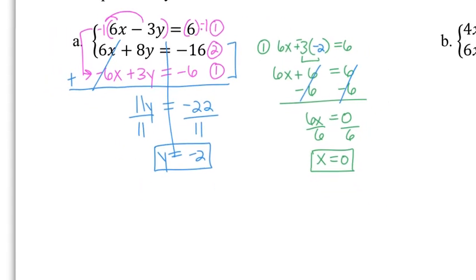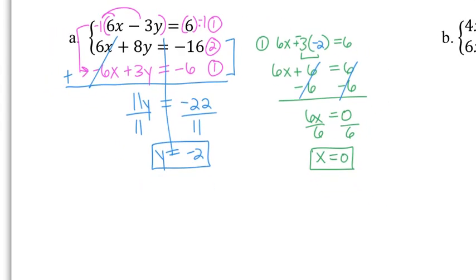So now we have to check it. We're going to check it in the second equation since we solved using the first equation. So check, equation number 2: 6 times my x, which we just found to be 0, plus 8 times my y, which we just found to be -2. Is that really equal to 16?